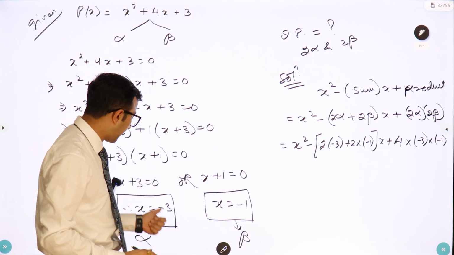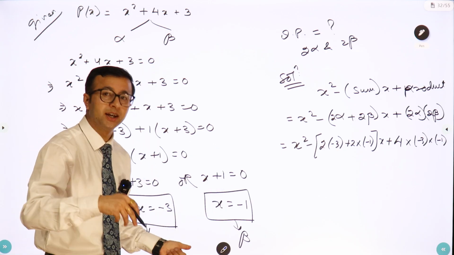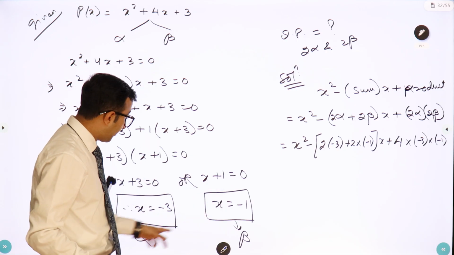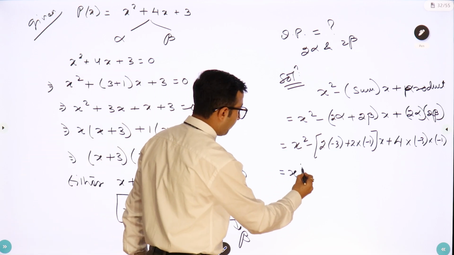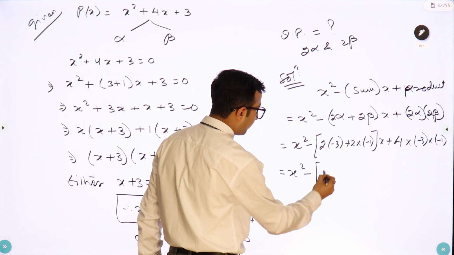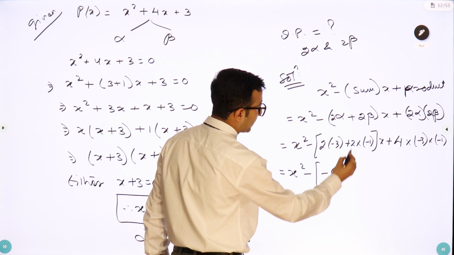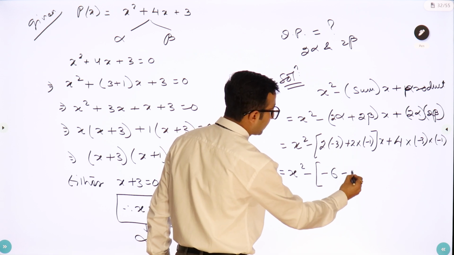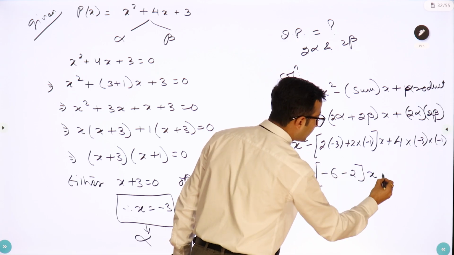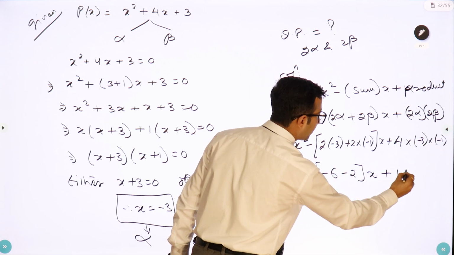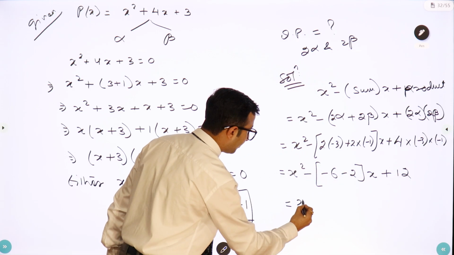And it is not necessary that you always take the first value as alpha. No need to do that. You can take this as alpha and this one as beta also. So x square minus, plus into minus is minus, 2 threes are 6, 2 into x, plus into minus, minus into minus is plus, 4 threes are 12. So we are about to get the solution.